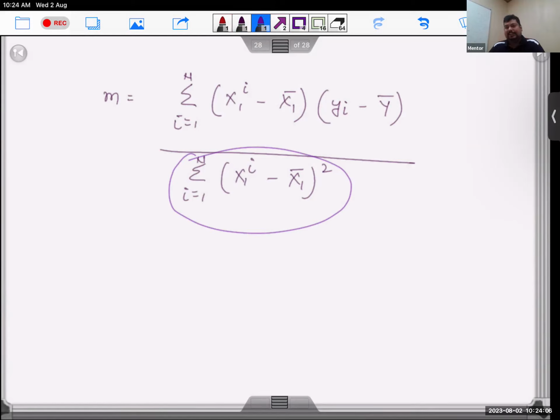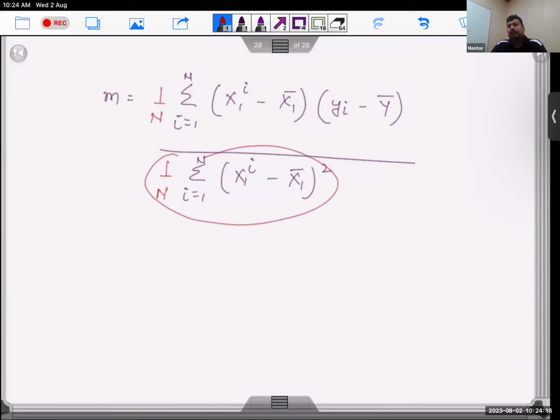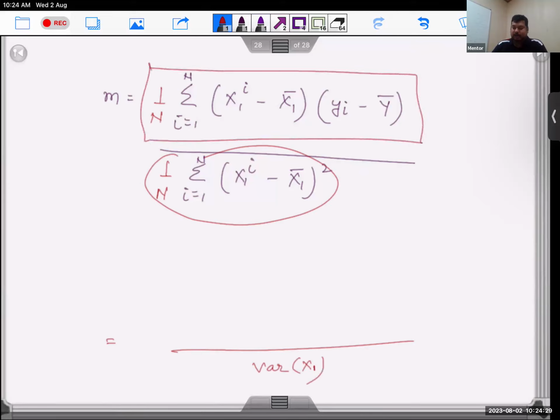Something related to that. One thing I'll do is add 1 by n on both sides, numerator and denominator. What does it resemble now? The denominator is variance. And the numerator is actually called the covariance.